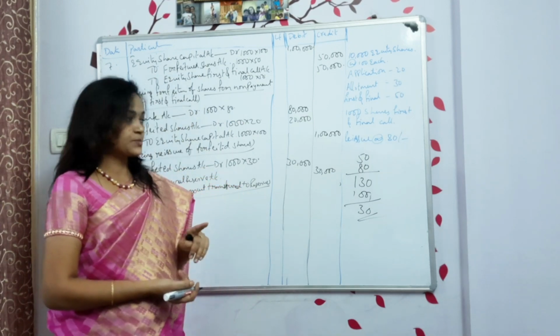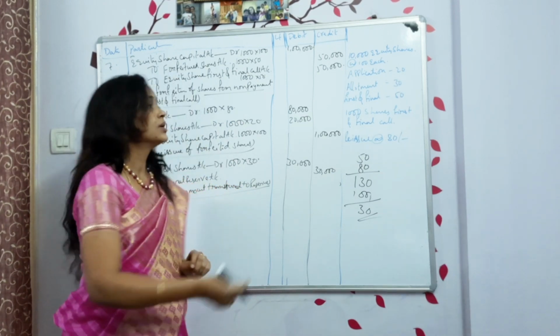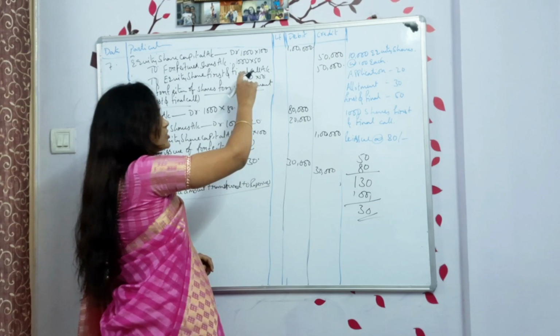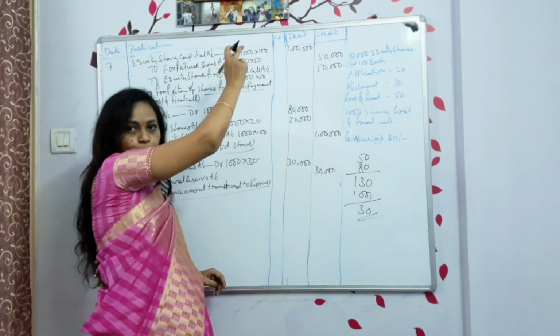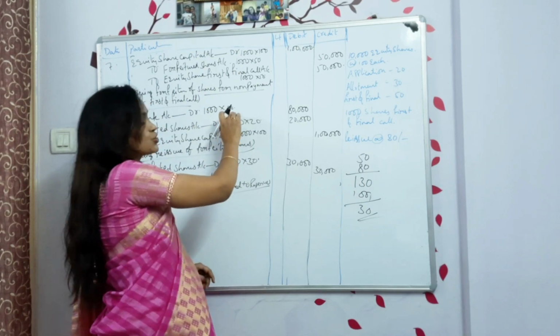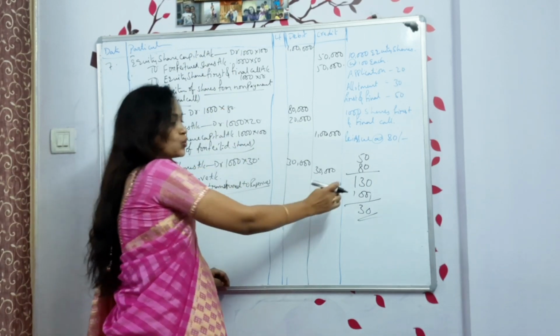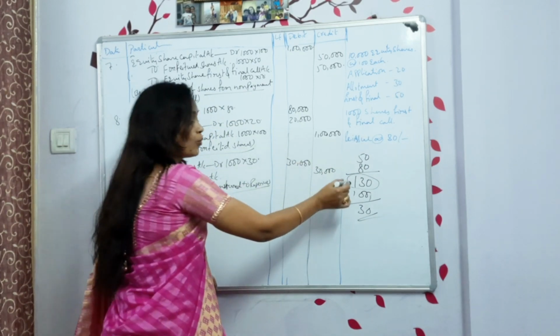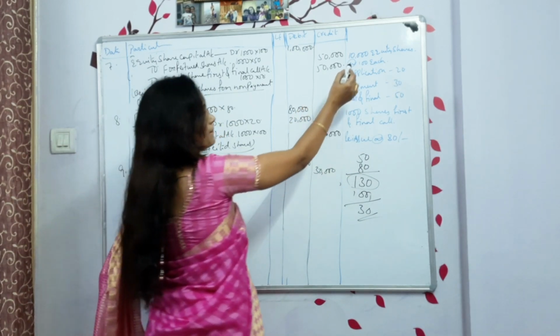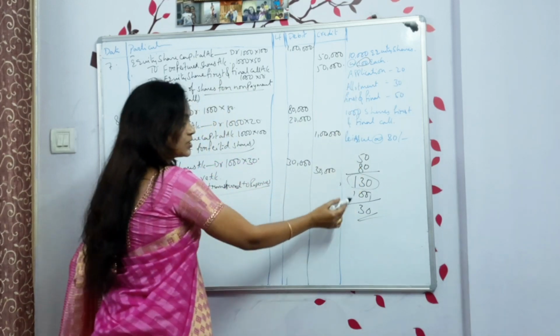Okay, once again I will explain. How much they have received earlier, before doing the forfeiture, that time we have received 50 rupees. And again in the reissue you have received 80 rupees. So total you have received 130 rupees. Right? So 130 rupees you have received. What is the price of the equity shares? It is 100.